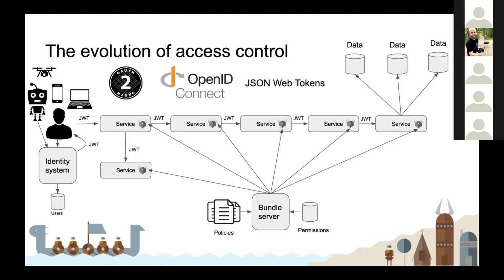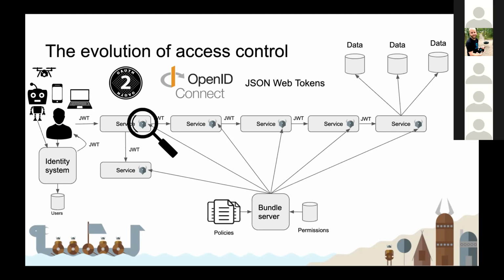But as you can see here, we flipped the direction of these arrows. So the services are no longer calling the permission database directly, but this is rather pushed to the OPAs. For each of these requests, there's no longer a need to reach out to the permission database, but that's handled by OPA.